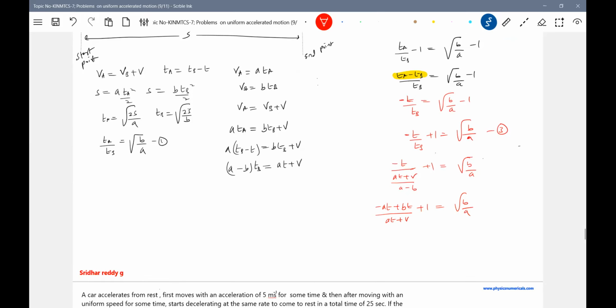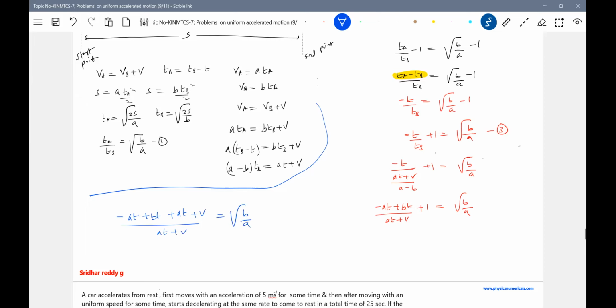And I think I'm very near to the answer. Further simplification of this will be minus AT plus BT plus AT plus V by AT plus V equal to root of B by A. These two will get eliminated. BT plus V by AT plus V, root of B by A is what we are getting.